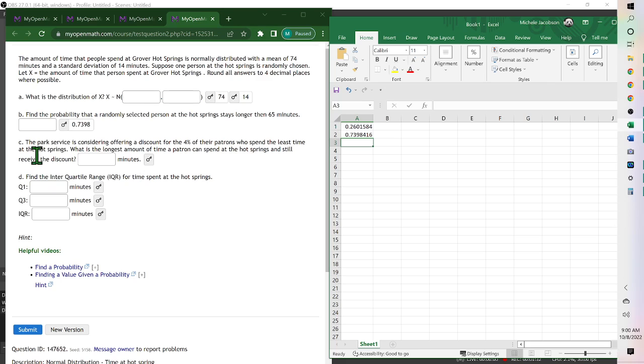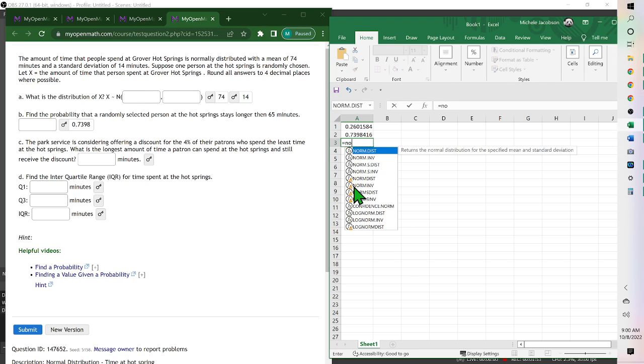The next one says the Park Service is considering offering a discount of 4% for patrons who spend the least amount of time at the hot spring. What's the longest amount a person can spend? So on this one, they're giving us the probability. We do equals norm, but we use the inverse one because we're given the probability.